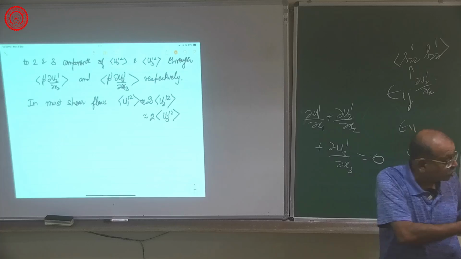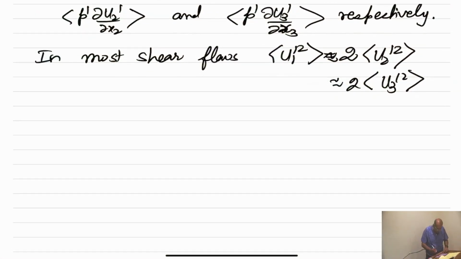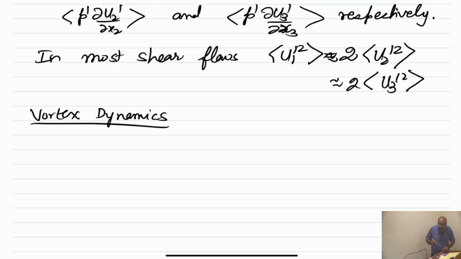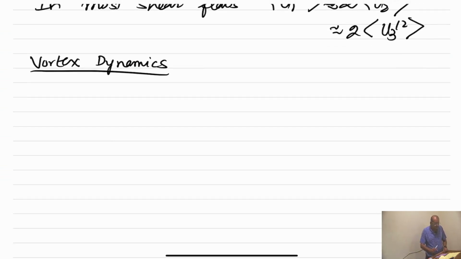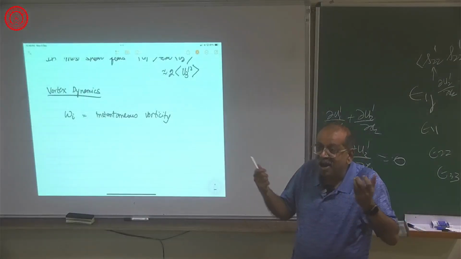And some of that we will also show now from the next type of arguments which I'm going to use, and that will be basically, we will try to now physically look at vortex dynamics. So first let's define omega i. Even if you read Lumley's book, first chapter, they say turbulence is vortical. It has high vorticity.